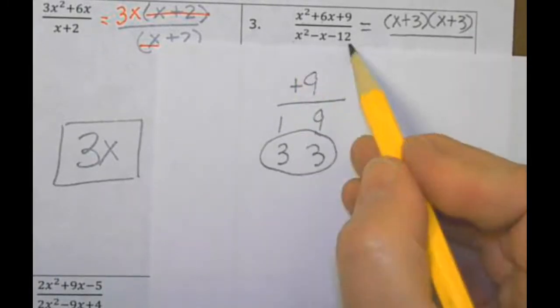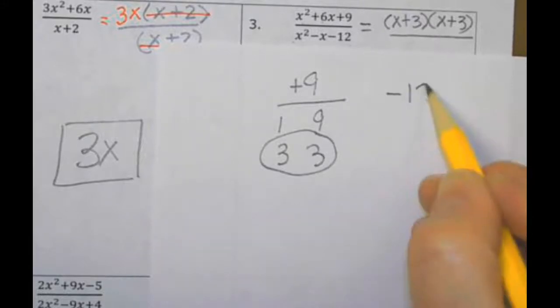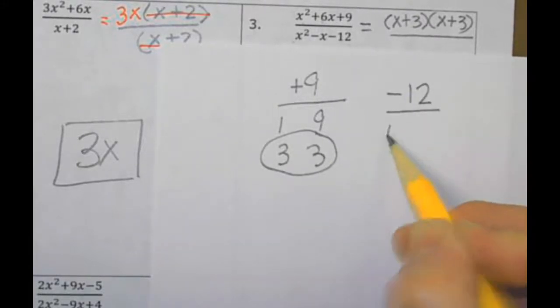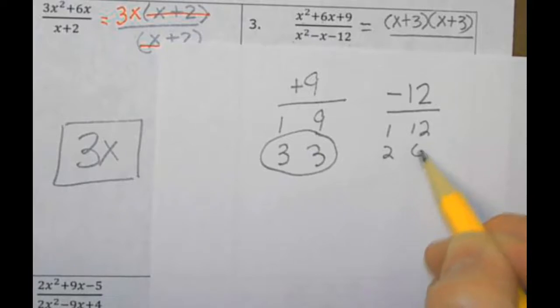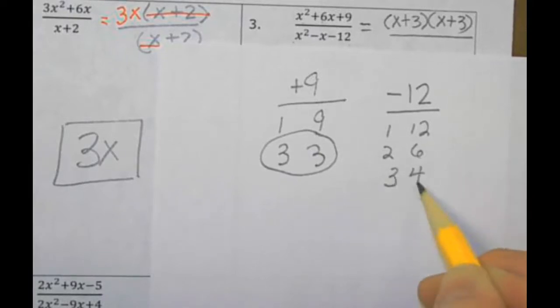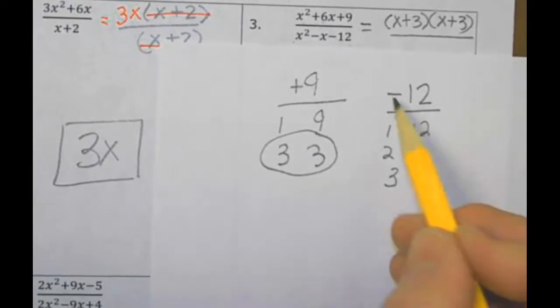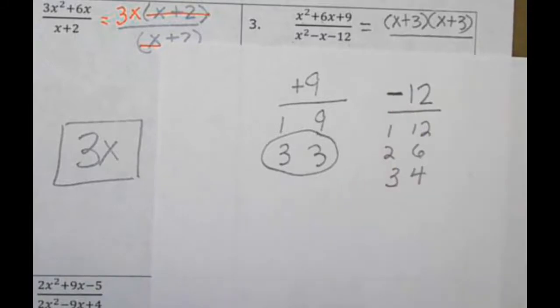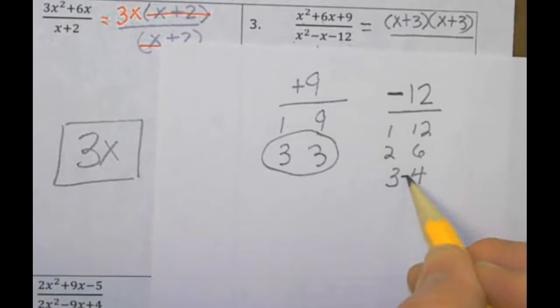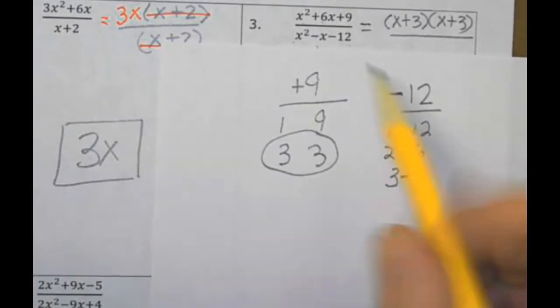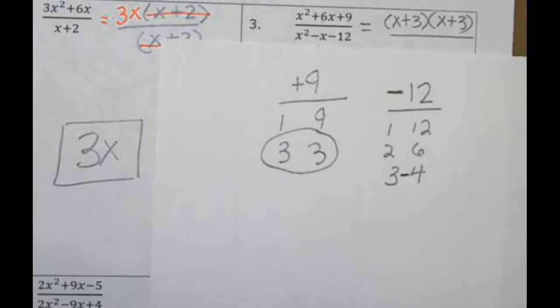If I multiply that, I get a negative 12. The factors of 12 are 1 and 12, 2 and 6, 3 and 4. Since this is a negative, I need them to subtract to get a negative. If this is negative, I need the bigger one to be negative so that they will equal a negative 1.